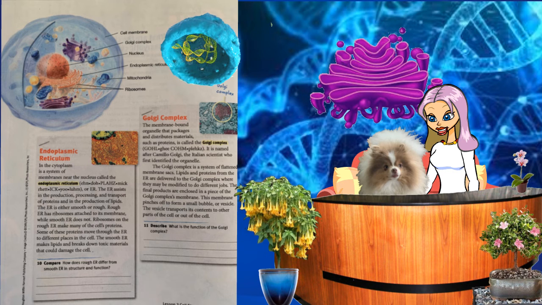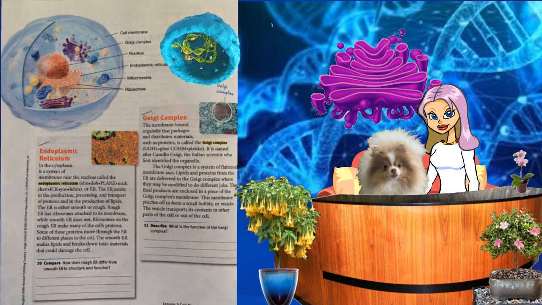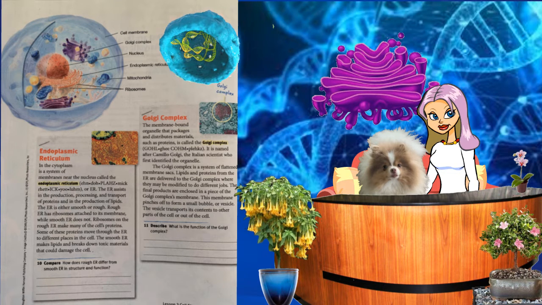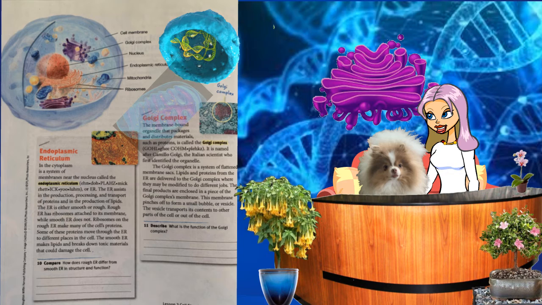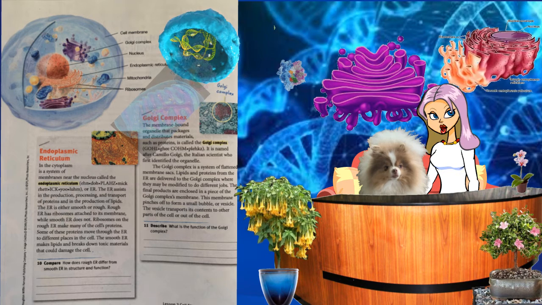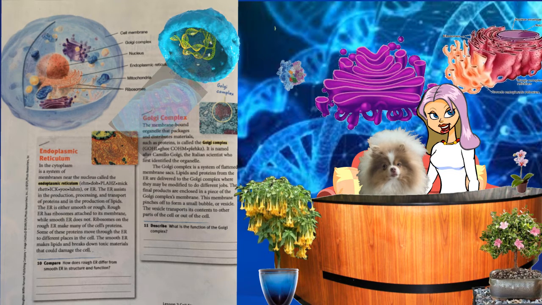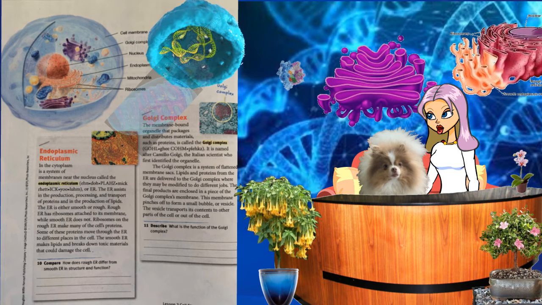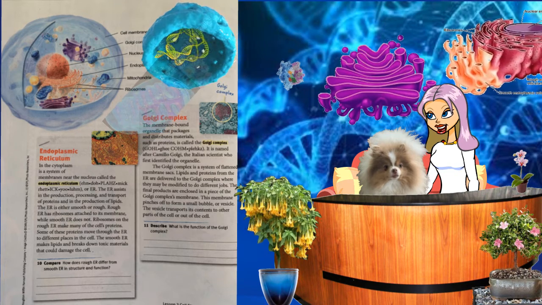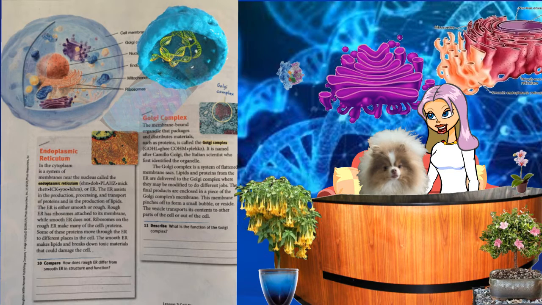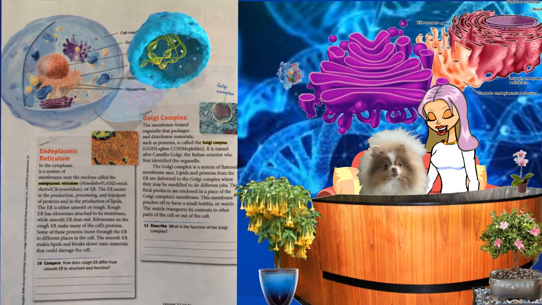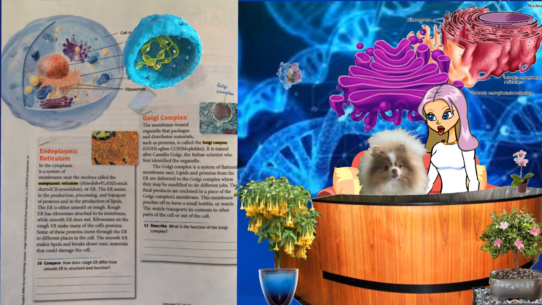And now we know 4 organelles that can be found in both plant and animal cells: mitochondria, ribosomes, endoplasmic reticulum, and Golgi complex. And of course the nucleus, which contains genetic material. We also know that the mitochondria are powerhouses of the cell that release energy.